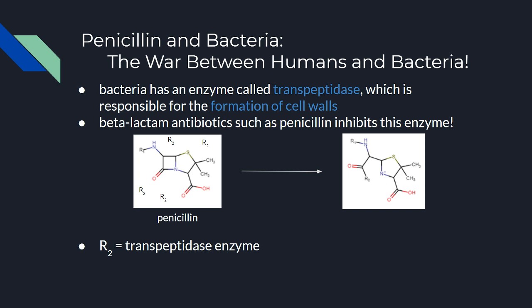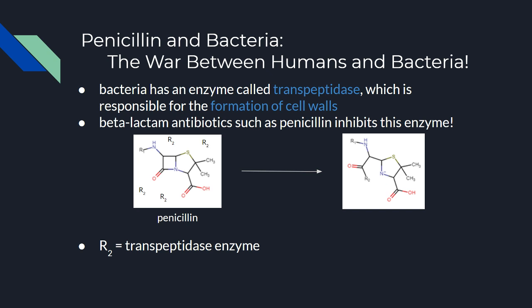So if you notice on the left side, there's a bunch of R2s lying around. Let's say in your body you have a lot of bacteria. The bacteria has a lot of R2s, and because we're sick, we take penicillin. So now penicillin is in our body.